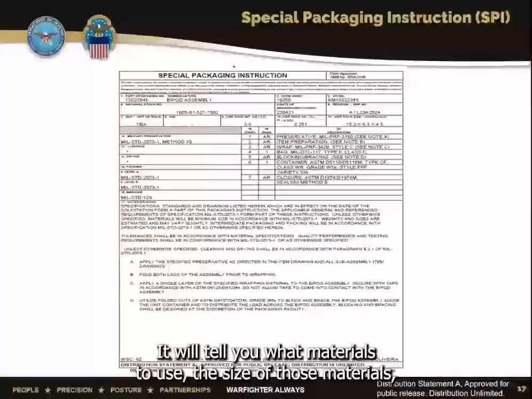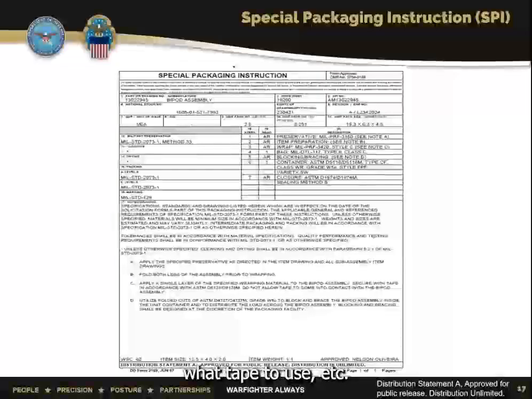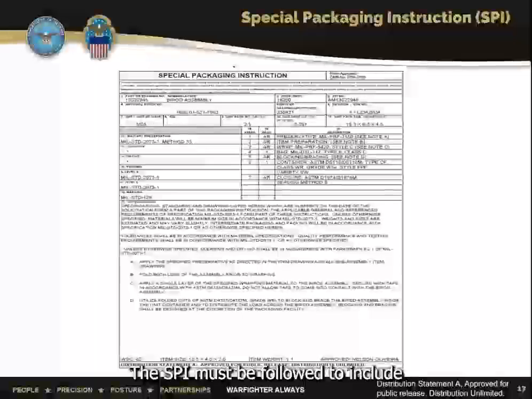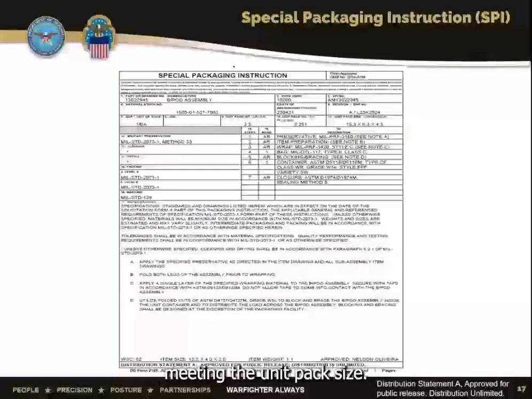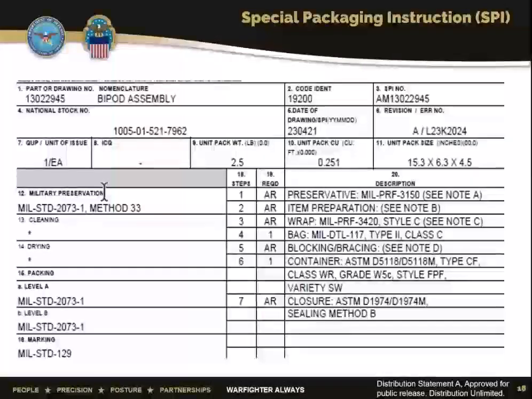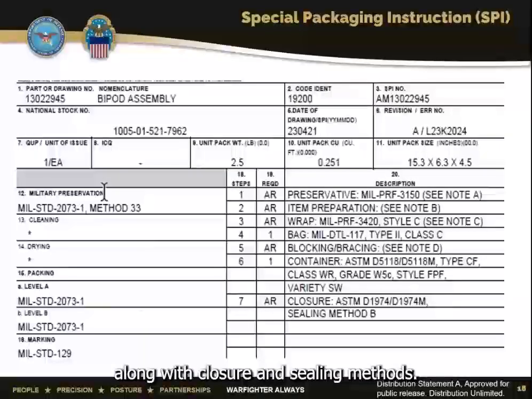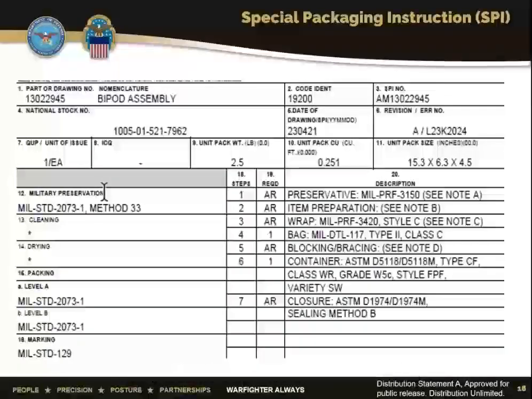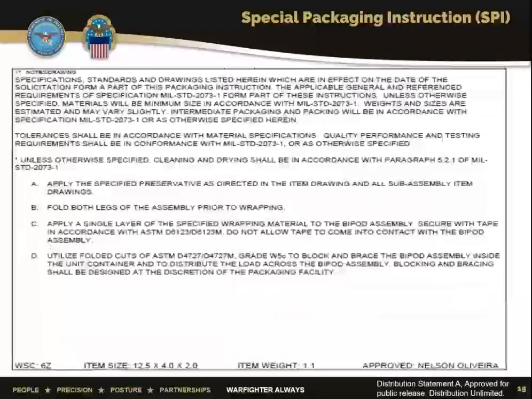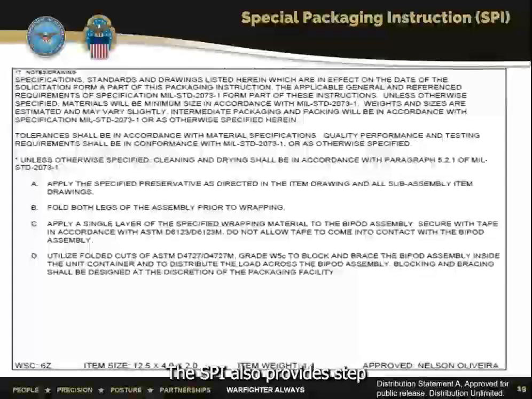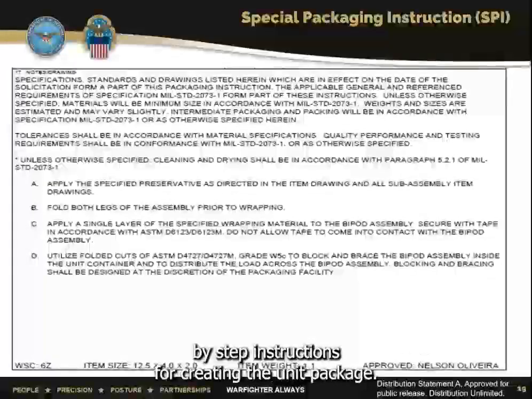It will tell you what materials to use, the size of those materials, what tape to use, etc. The SPI must be followed, including the unit pack size. The SPI provides the exact list of materials required, along with closure and sealing methods. The SPI also provides step-by-step instructions for creating the unit package.